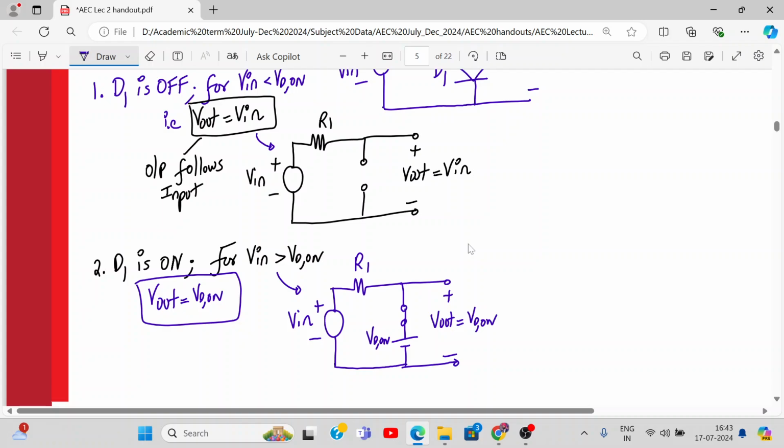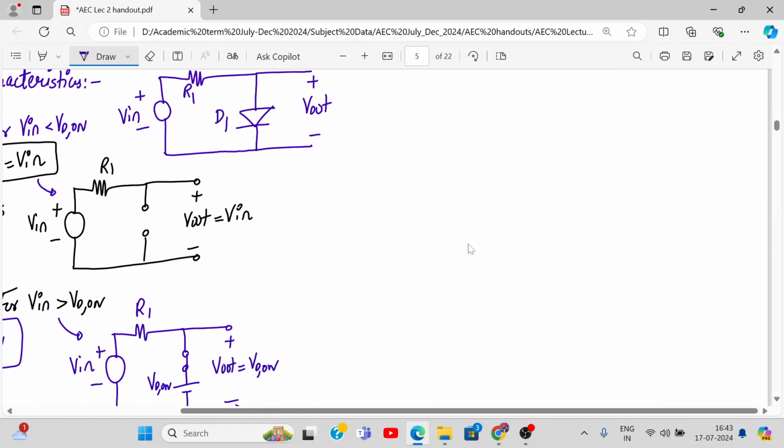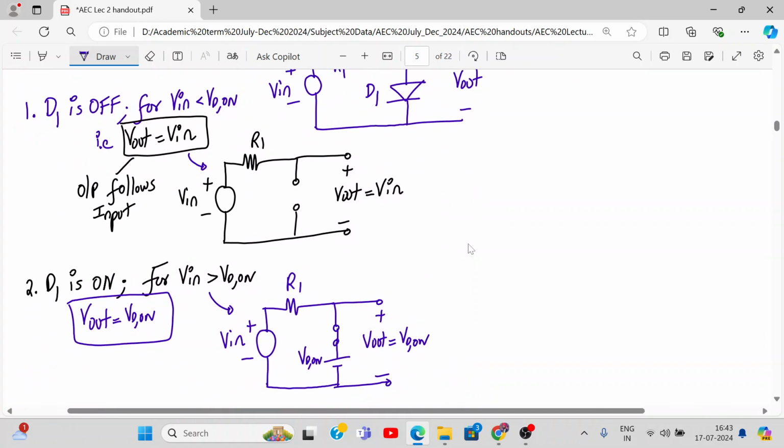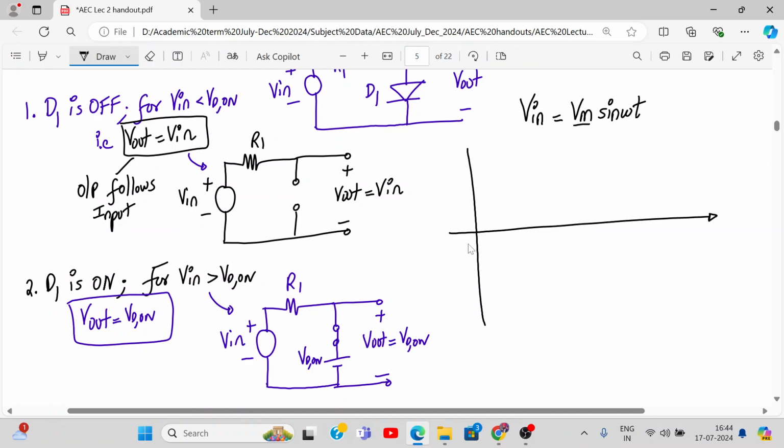Now here we are assuming input to be a sinusoidal voltage. So how do you represent a sinusoidal voltage mathematically? V in is equal to Vm sin omega t, where Vm is the amplitude and omega is the angular frequency. Yes or no? So this is t.